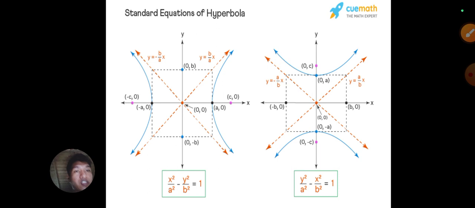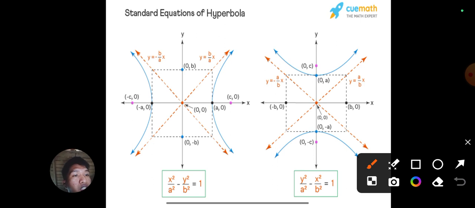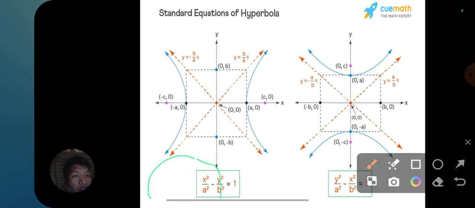This is the example of the standard equation. On the left side, the x-axis is longer, while on the right side the y-axis is longer. Take note of the formula.